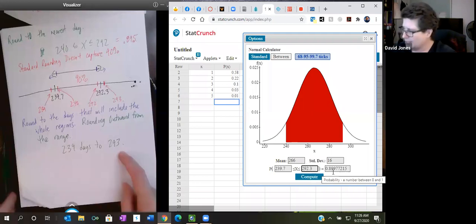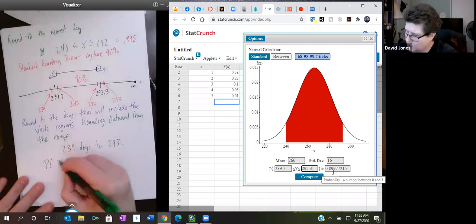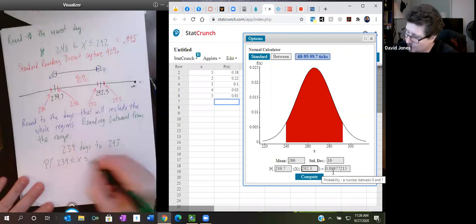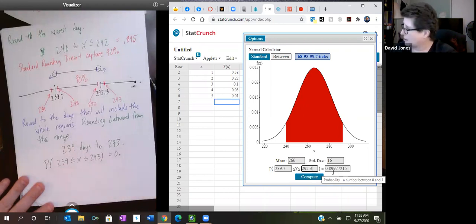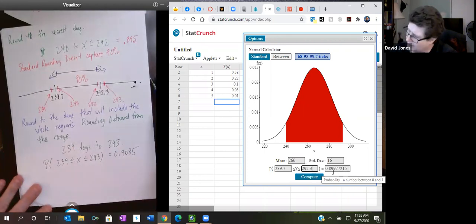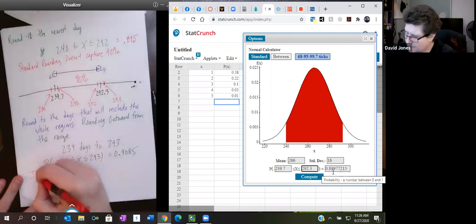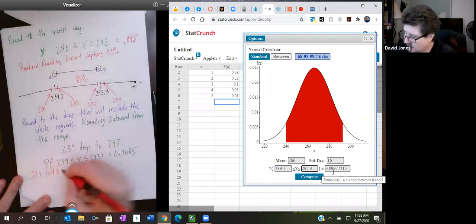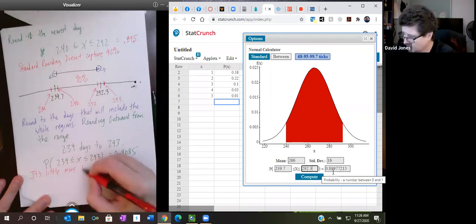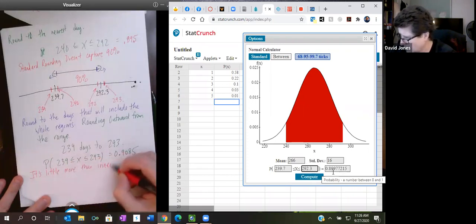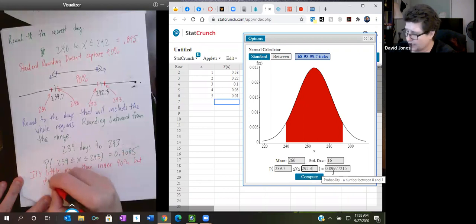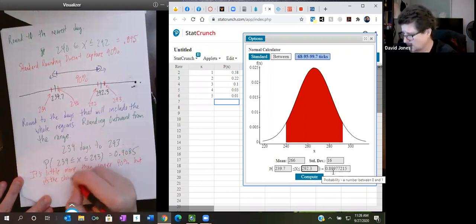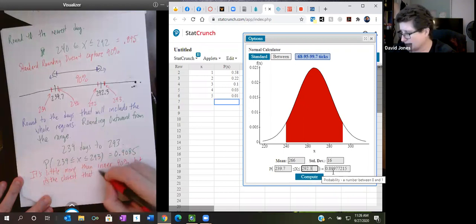So if I go to this, the probability that 239 is less than or equal to x, less than or equal to 293, what did I say it was? 0.9085 when we did it. It's a little more than the 90%, but it's at least the 90%. It's the closest to it that has the inner 90%.